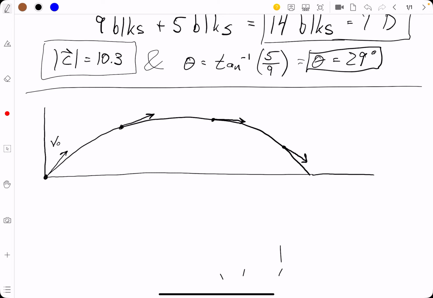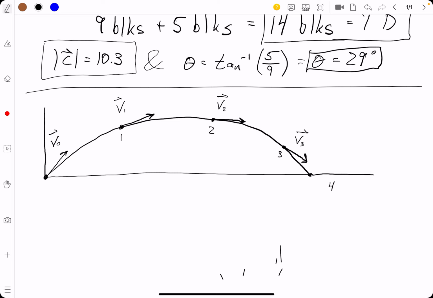We could call this point 1, point 2, and point 3. We could even have a point 4 down here at the end. And this is V1, and it's a vector. V2 vector, and V3 is a vector.